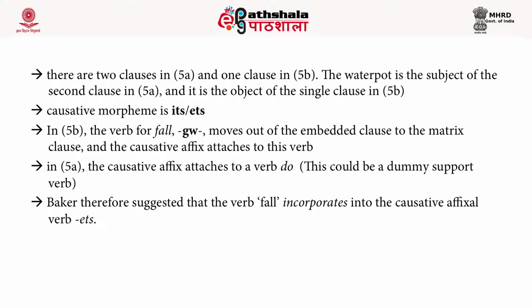In 5b, this verb for fall, gwa, moves out of the embedded clause to the matrix clause, and the causative affix attaches to this verb in the matrix clause. In 5a, the causative affix attaches to a verb do, which could be a dummy support verb, like in other cases. Baker therefore suggested that the verb fall incorporates into the causative affix its.